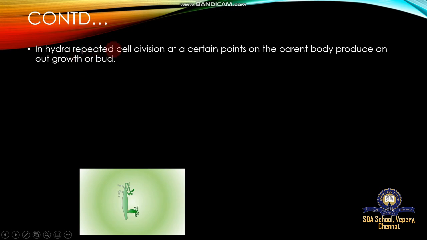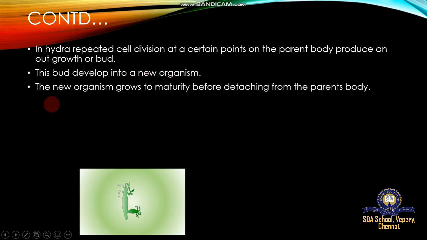In hydra, repeated cell divisions at certain points on the parent body produce an outgrowth or bud. Then this bud develops into a new organism. The new organism grows to maturity before detaching from the parent body. So when the bud reaches complete maturity, it detaches from the mother body.